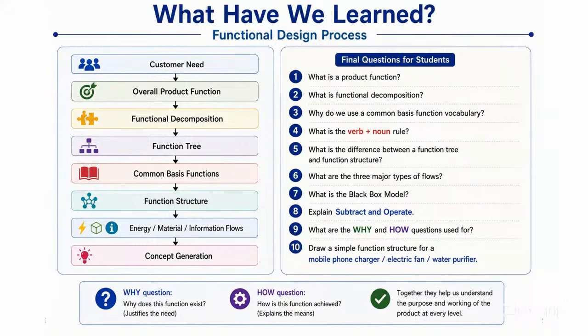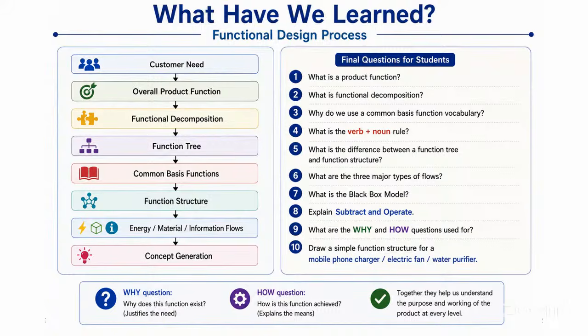Then we will discuss concept generation in the upcoming classes. So now I think you can understand what is a product function, what is functional decomposition, and how we use a common basis function vocabulary, why it is important. And the method that we are going to follow is verb plus noun. Instead of saying motor, we will say generate torque.